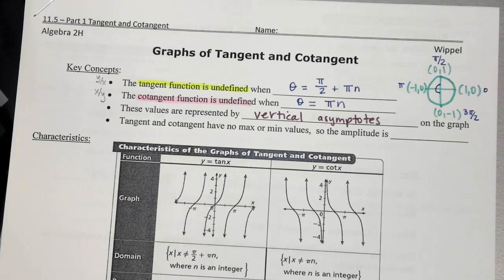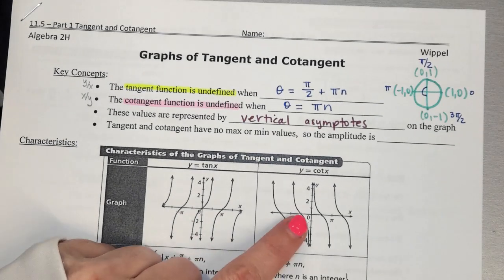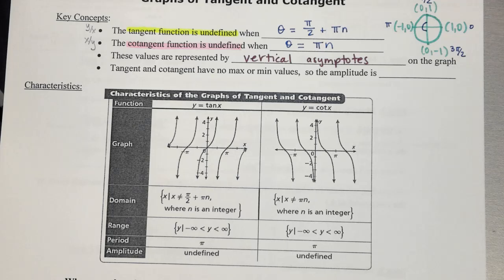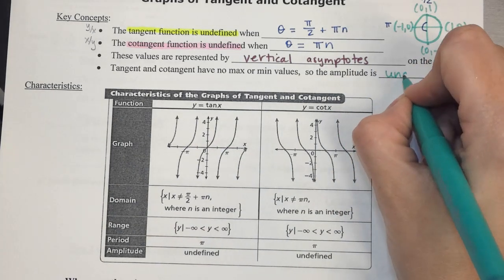Okay, and if you looked at the characteristic box like I asked, you may have noticed some of the differences between the tangent and the cotangent with sine and cosine. So one thing is, did you notice these all have arrows on them going up? That means that it's going to extend to infinity and negative infinity. So you don't have an amplitude. The amplitude is undefined.